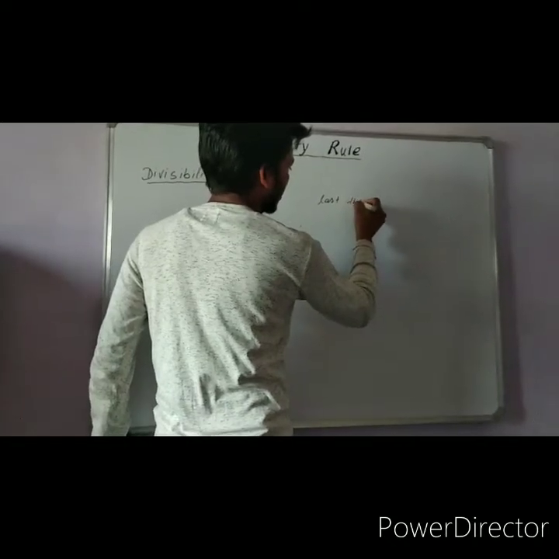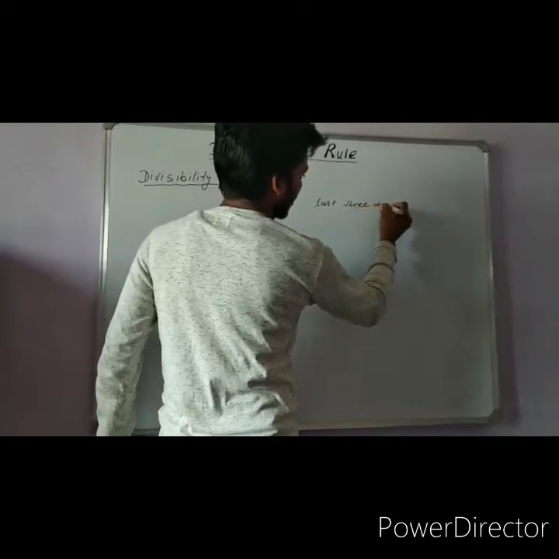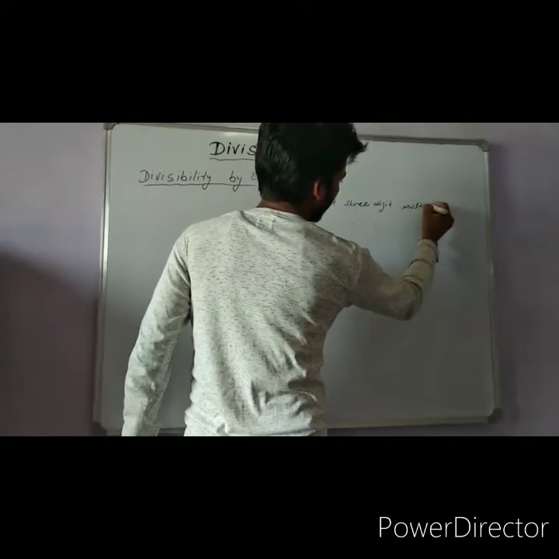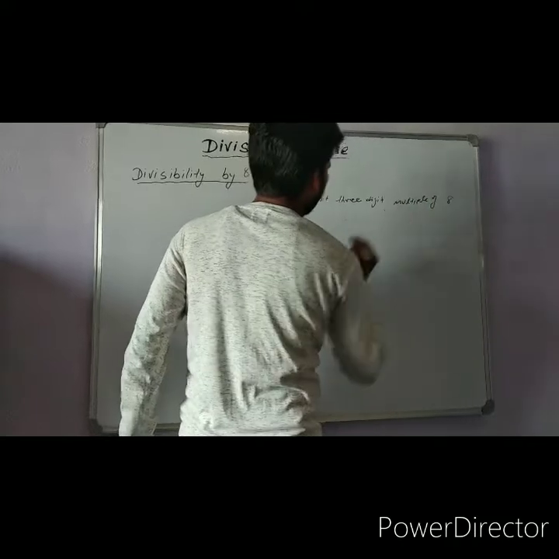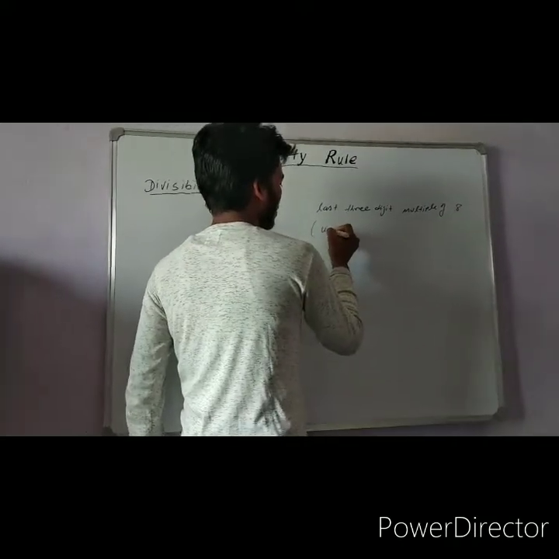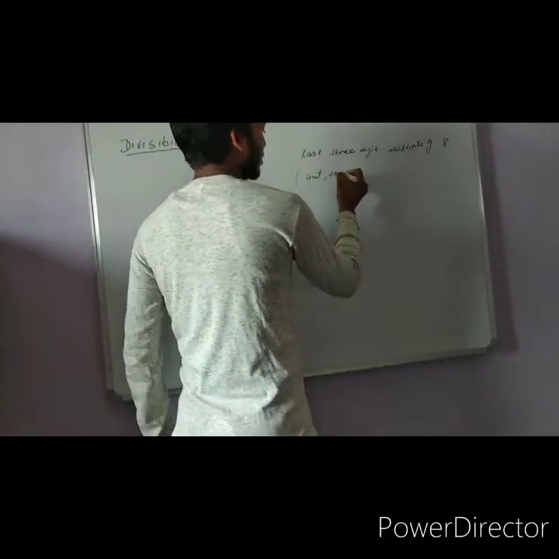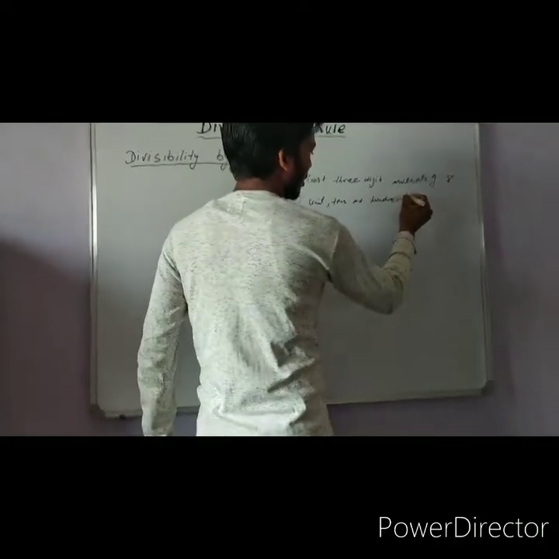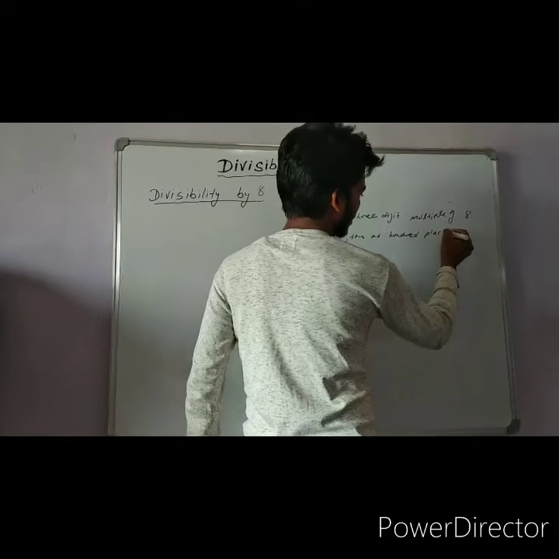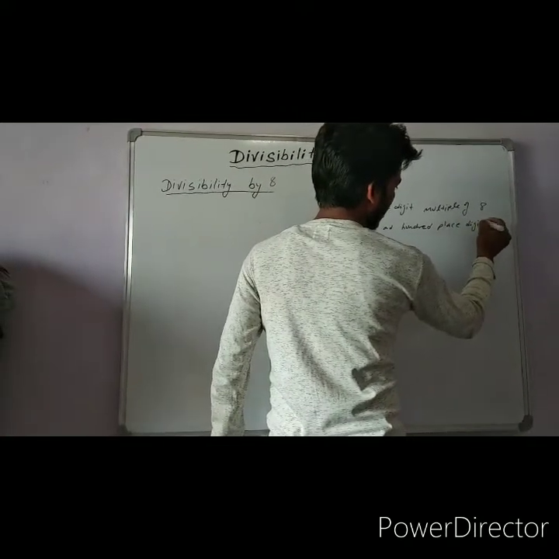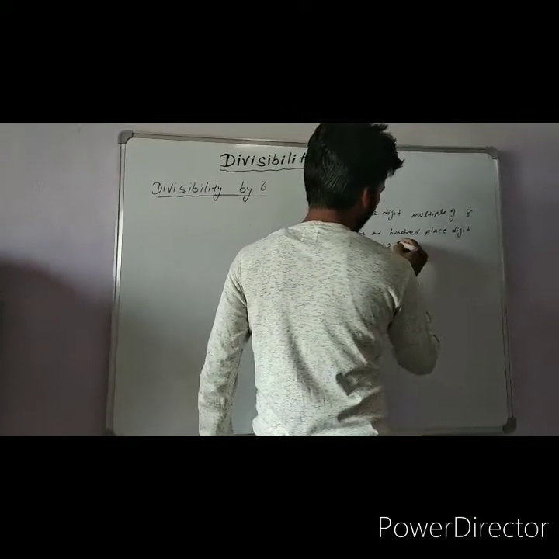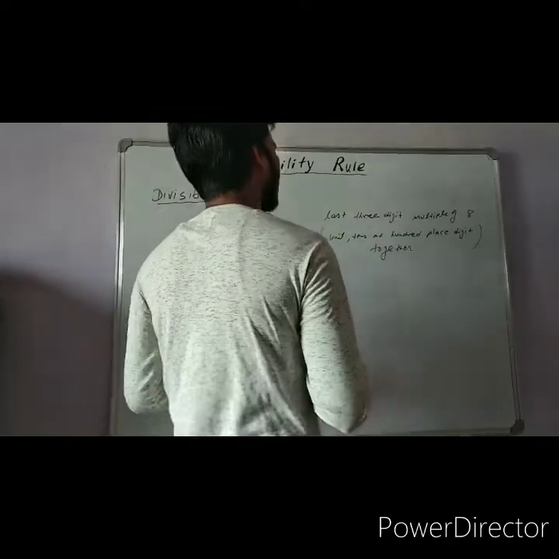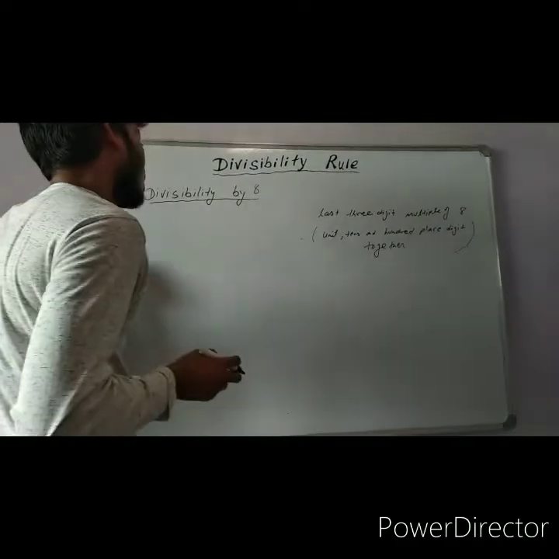For a multiple of 8, the unit, tens and hundreds place digits together must be a multiple of 8. Then the whole number must be divisible by 8.